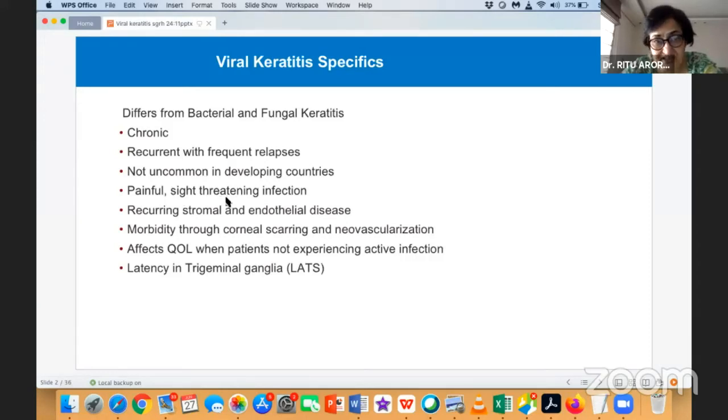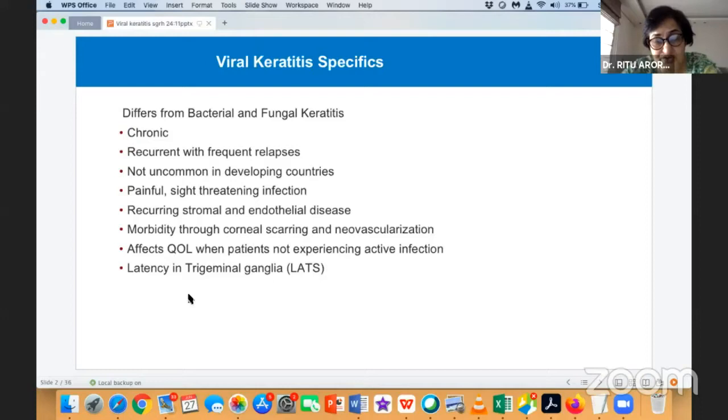They're sight-threatening infections. They may be epithelial, but they also have recurring stromal and endothelial components. And they very often have morbidity due to corneal scarring and neovascularization, because of which they affect the quality of life when patients are not experiencing active infections.